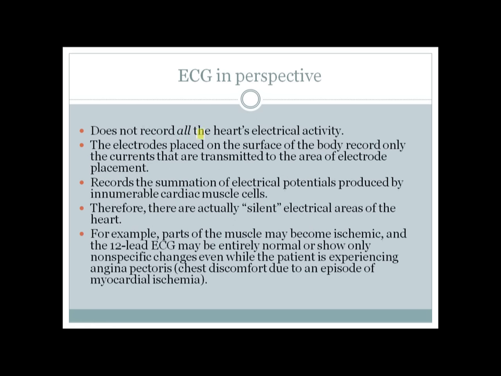And ECG does not record all the heart's electrical activity. Electrodes placed on the surface only record the currents that are transmitted to the area of electrode placement, and it records the sum or the total of the electrical potential which is actually produced inside the heart from the innumerable cardiac muscle cells.